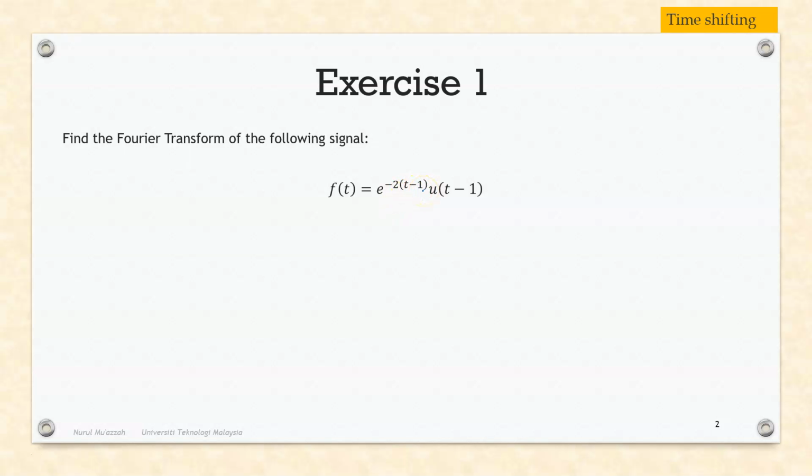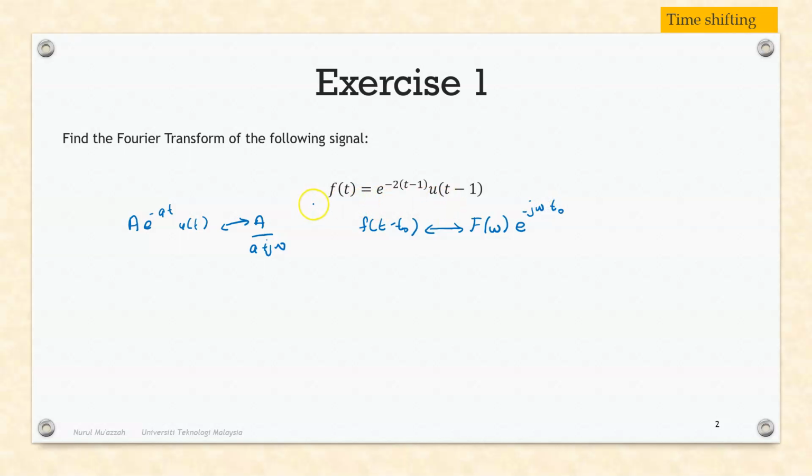You find in the table the Fourier transform pair for the exponential function as well as for the time shifting property. For the exponential function, the pair is A divided by a plus j omega, and for the time shifting property, the pair is f(t - t0) becomes F(omega), which is the Fourier transform of f(t), multiplied by e^(-j omega t0).